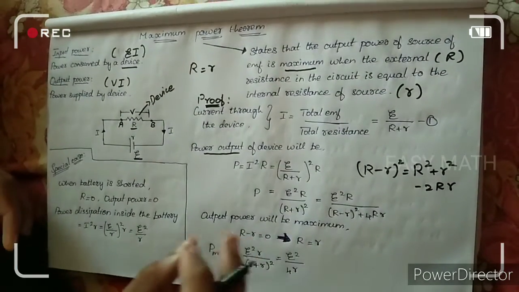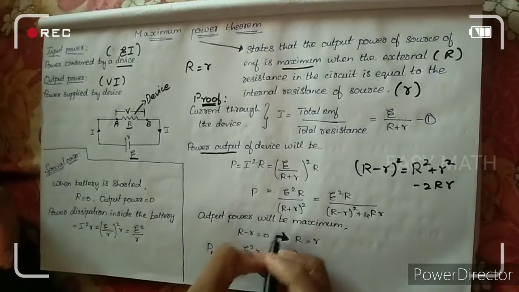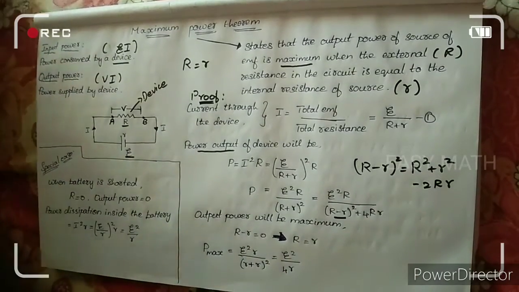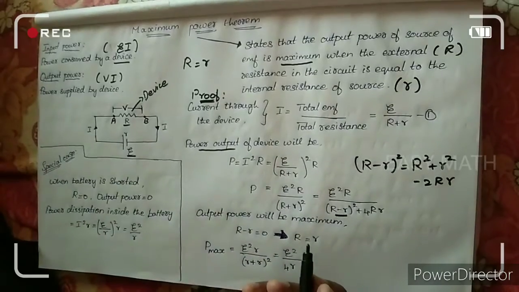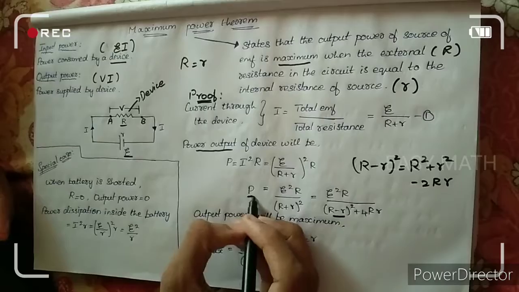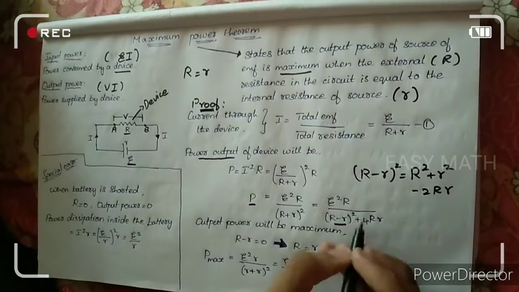The output power will be maximum when R minus r is equal to 0. Because if we consider the denominator, the value of P increases when the denominator decreases. So R minus r must be equal to 0.